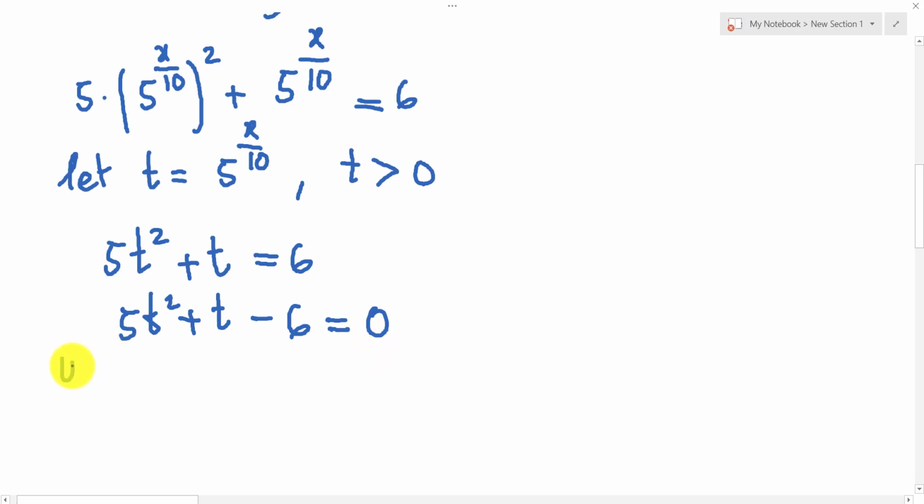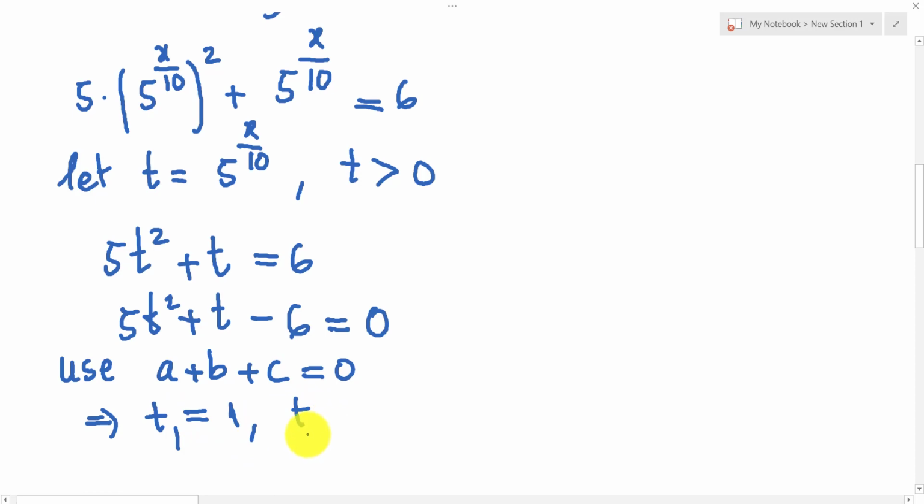So we use the rule a plus b plus c equals 0. We get t1 equal 1, and t2 equal c over a, which is minus 6 over 5.